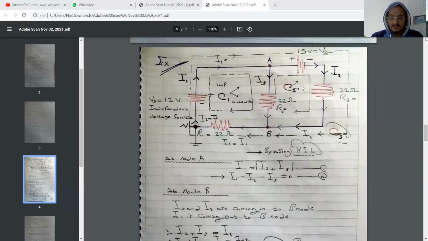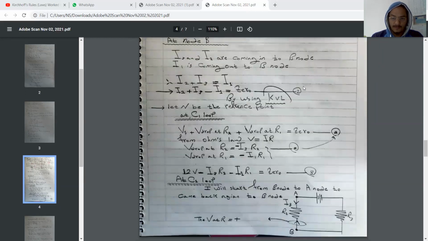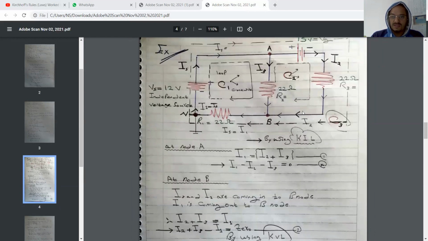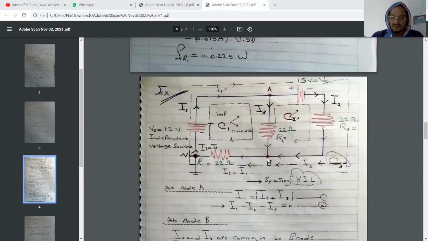Here we had VG and the voltage drop at R3 and R2. I will start from node B to node A. That means I will start from here and finish at A. We can say the direction will be like that.